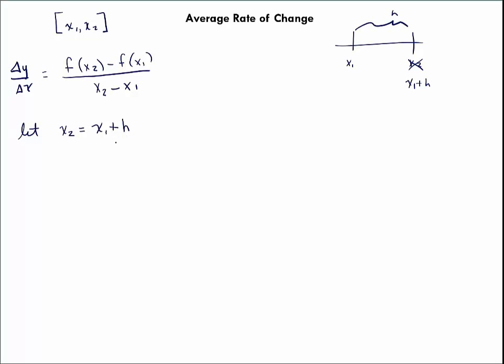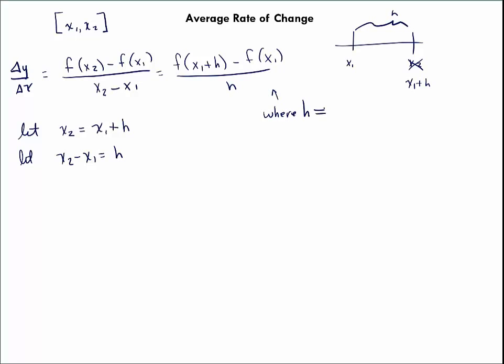And then of course on the bottom we're saying that let my x2 minus x1 equal that distance h. So we can just simply rewrite this now as f of x1 plus h minus f of x sub 1 all over h, where of course h cannot equal 0. And this is our definition of the average rate of change.